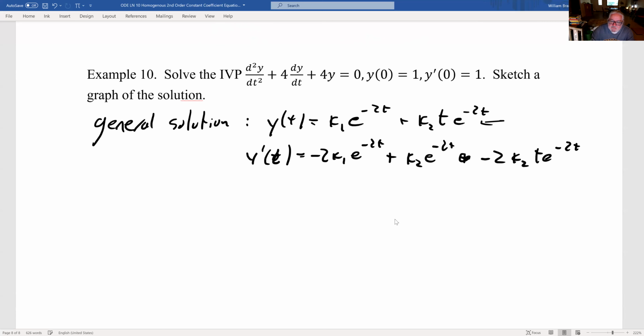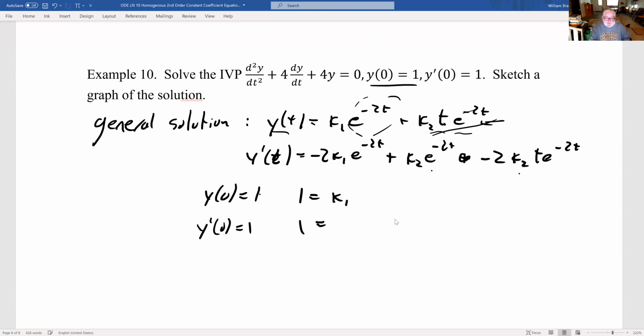Remember, you have to use the product rule to differentiate this. That's why we got these two terms. So using our initial conditions, y of 0 equals 1. We plug that in here, and that equals k1, since plugging t equals 0 makes the exponential equal to 1 and kills the t term off entirely. Y prime of 0 equals 1. That tells me that 1 equals minus 2 k1 plus k2.